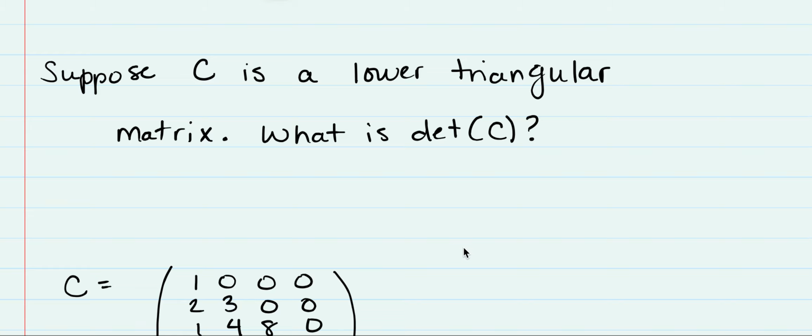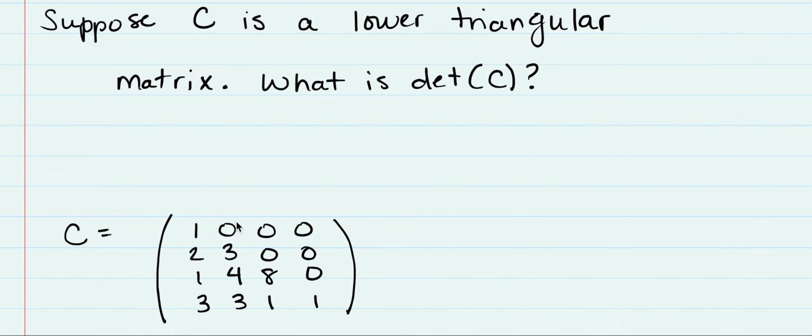So let's talk about a lower triangular matrix. Now recall that a lower triangular matrix, C, looks like this, where the only places that you can have something non-zero is on the diagonal or below the diagonal. And here I have an example of a 4x4 lower triangular matrix.